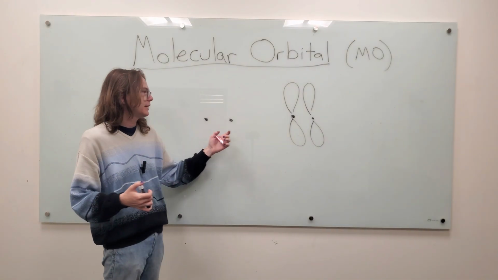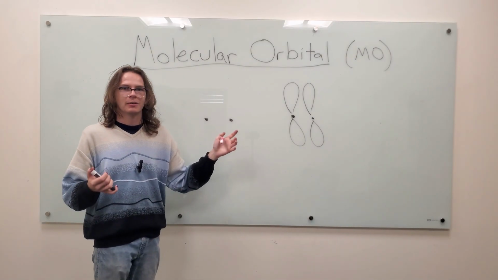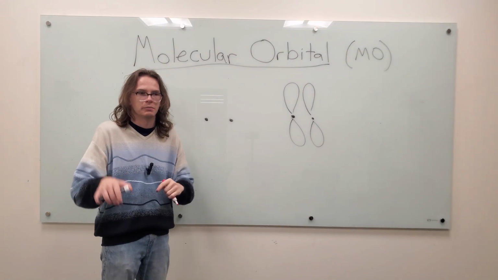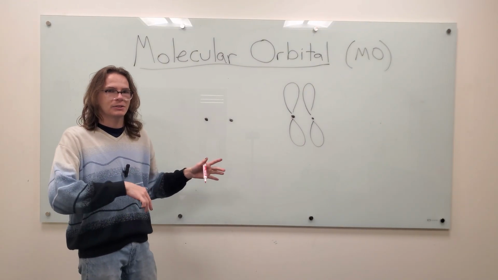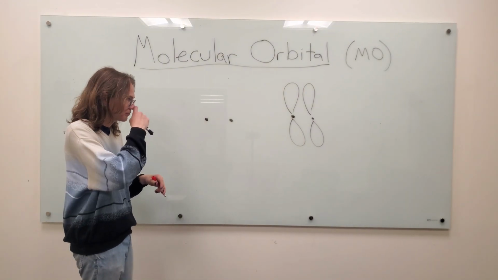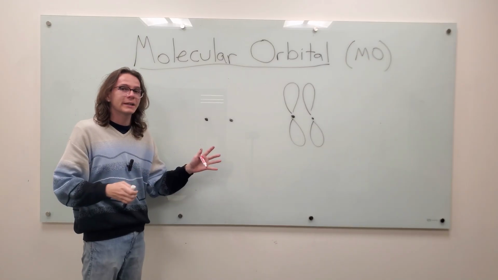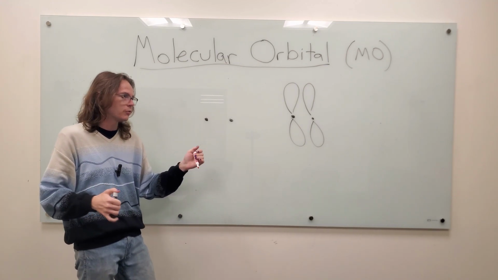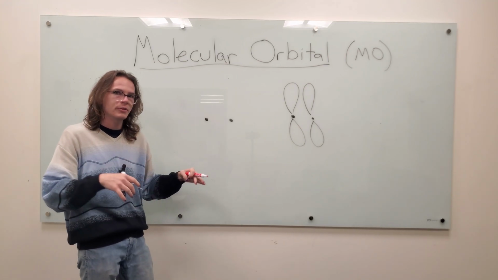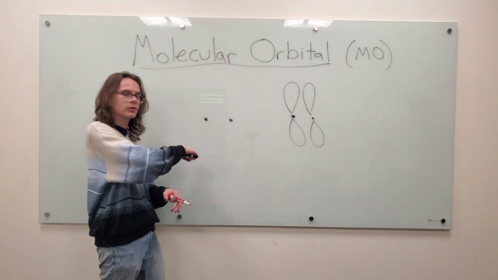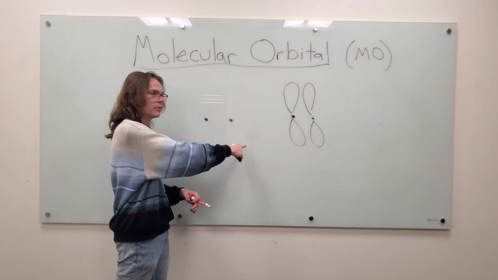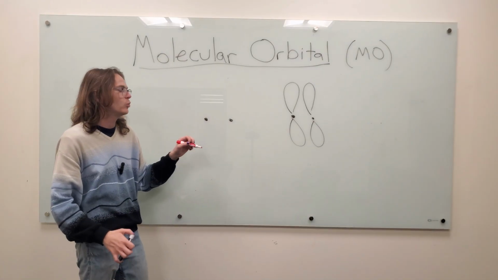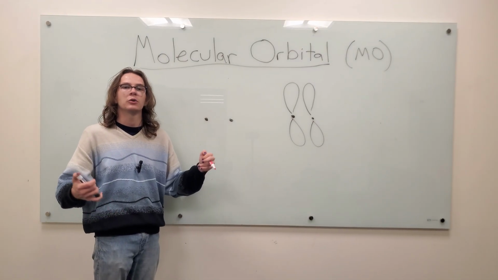So in this case, we might call this ethane again. There are some hydrogens out here that we're going to ignore for now, because in this case, it's not super important. But with molecular orbital theory, instead of having these unhybridized p orbitals that overlap, we add all of the atomic orbitals from all three of the hydrogens over here, all of the hydrogens over here, and from both of these carbons, and we get a pi bonding orbital.